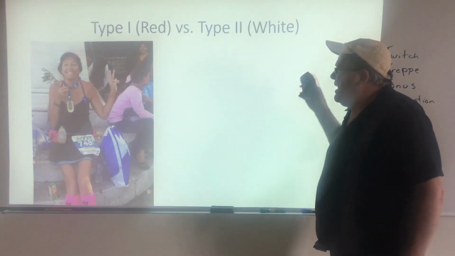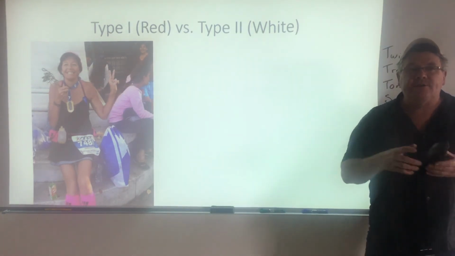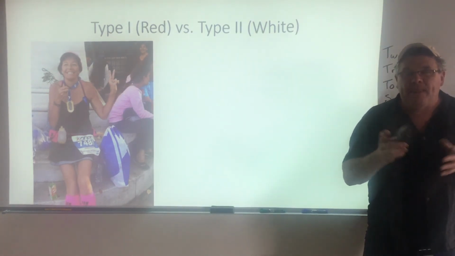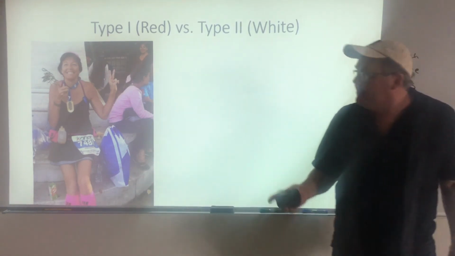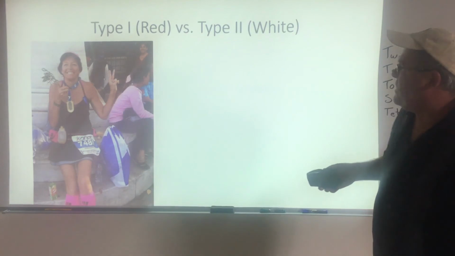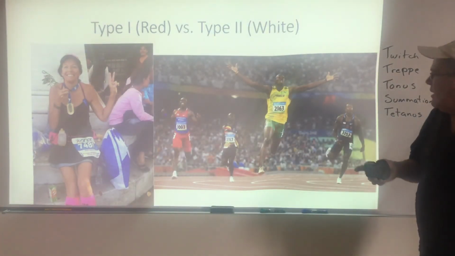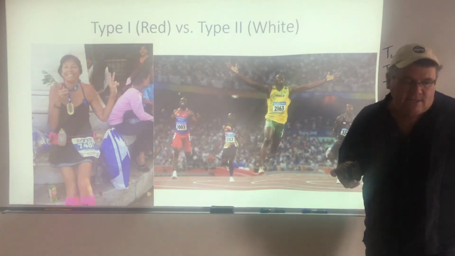Acetylcholinesterase, and the enzymes help to make those muscles go really fast. So an example of someone with type 2 is the fastest man in the world, Usain Bolt, an incredible sprinter. I mean, he's left everybody in the dust.